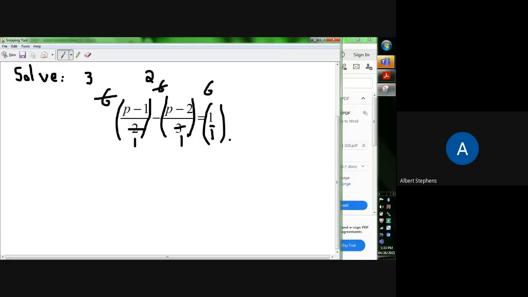Now, what do you know about all the denominators, class? They are one. All of them are equal to 1, and you can actually ignore the 1.